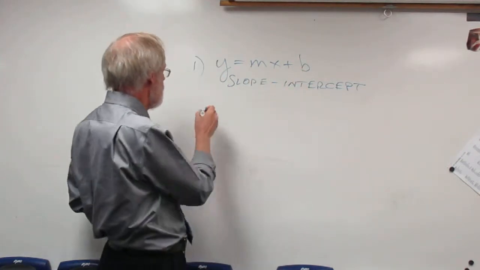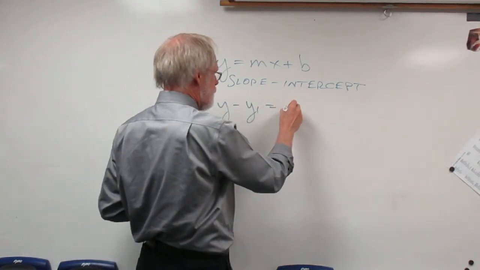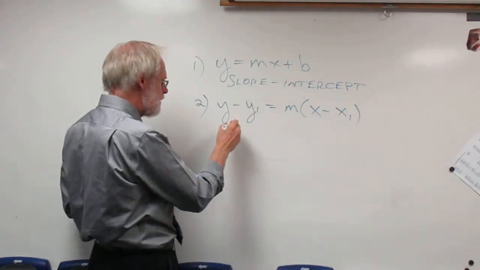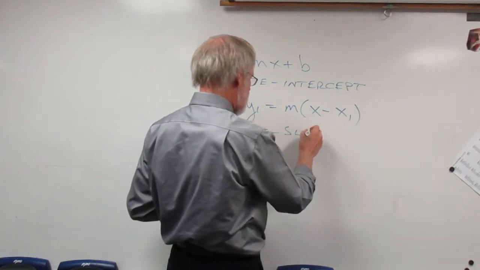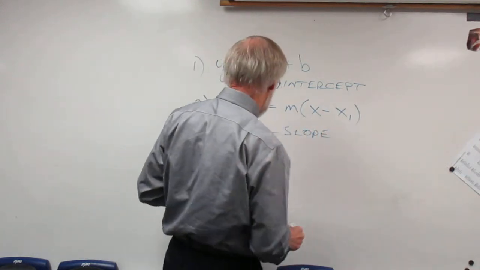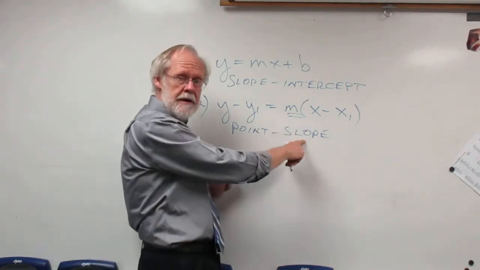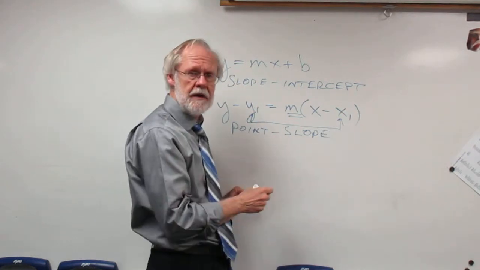So that's form number one that we've looked at. Number two, y minus y1 equals m the slope times x minus x1, and this is called point-slope form. Point-slope form because this is the slope here, and this x1, y1 is a point on the line.